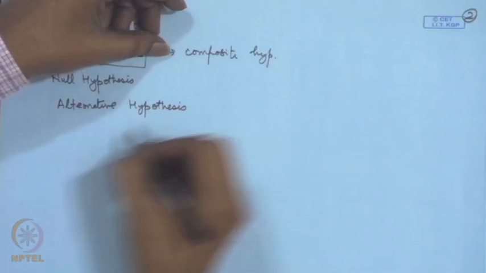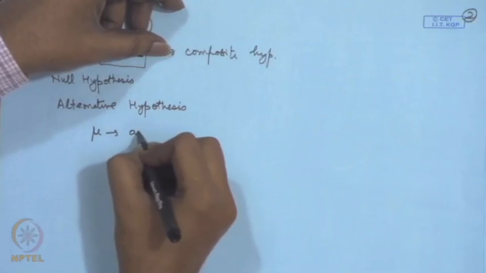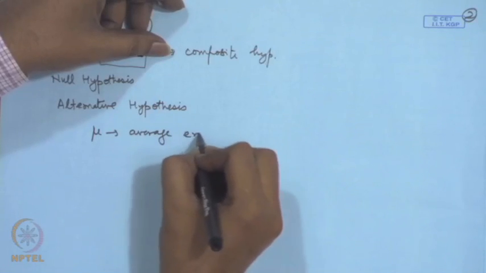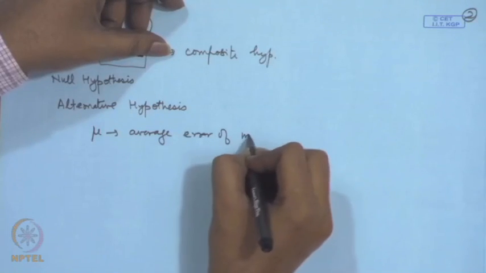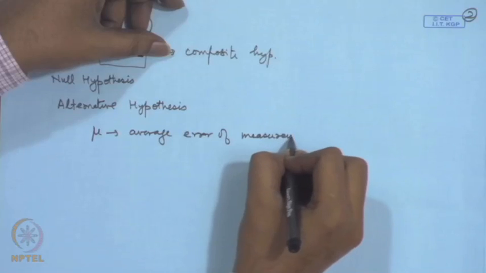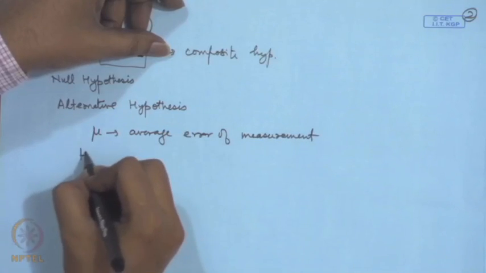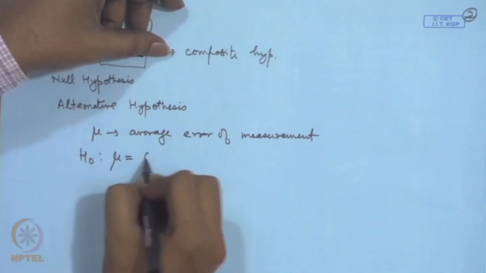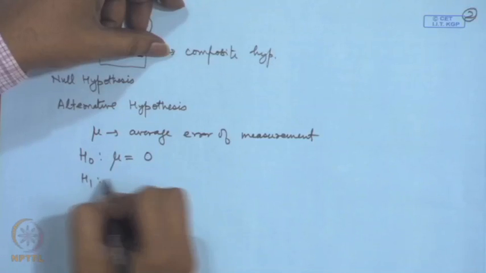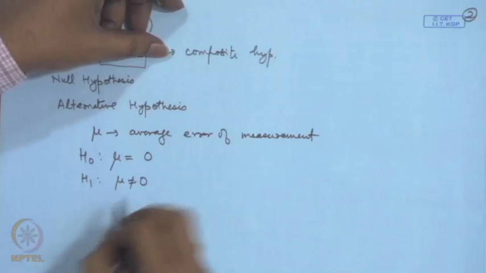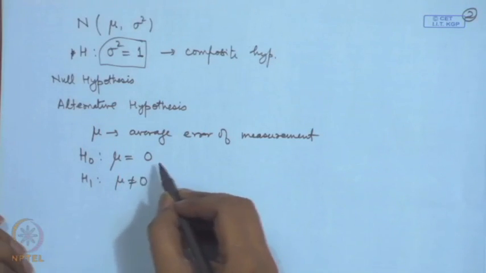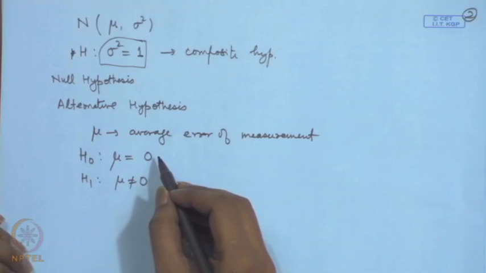So, if mu is the average error of measurement, then we may like to check whether this average is 0 or it is not 0. If it is 0, then we will say our measuring device performs consistently or it is performing well.